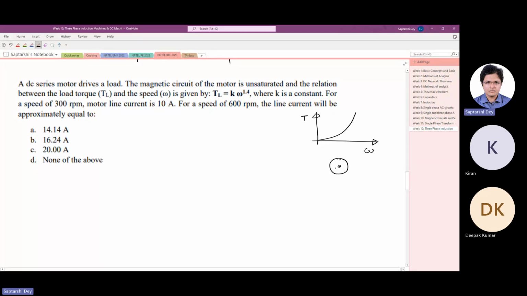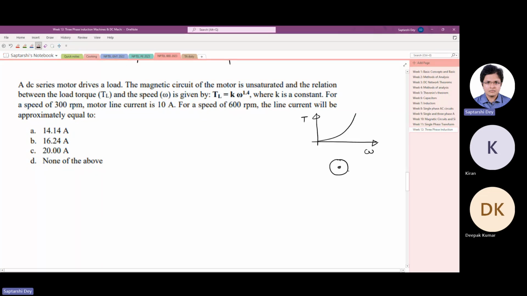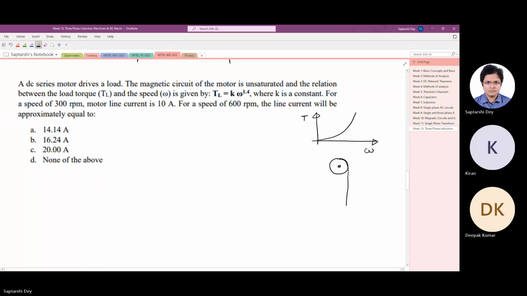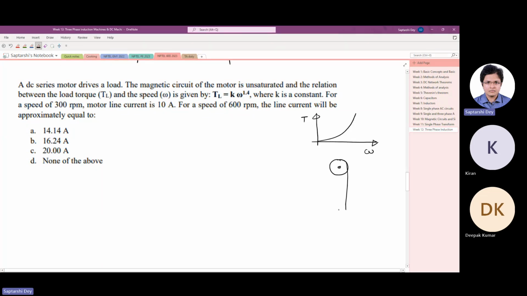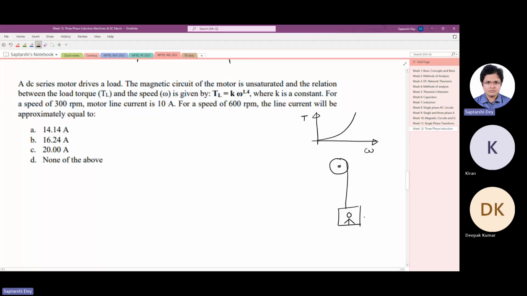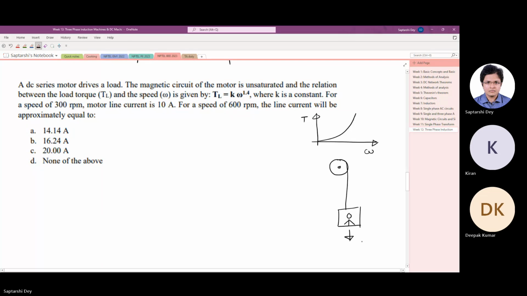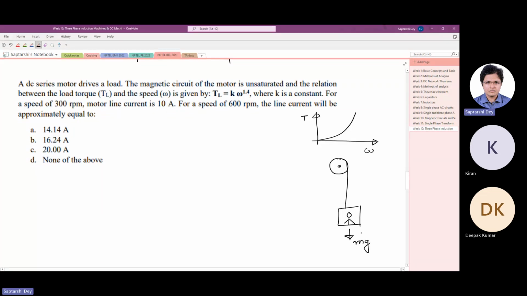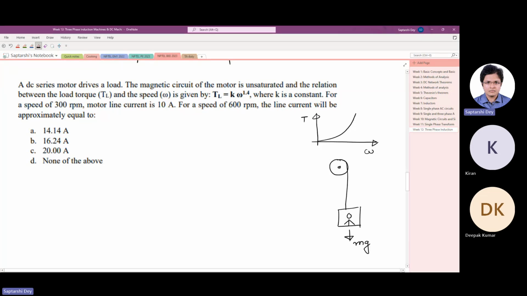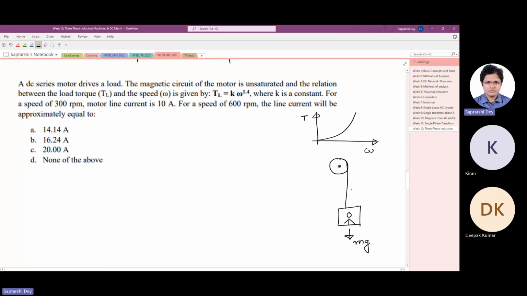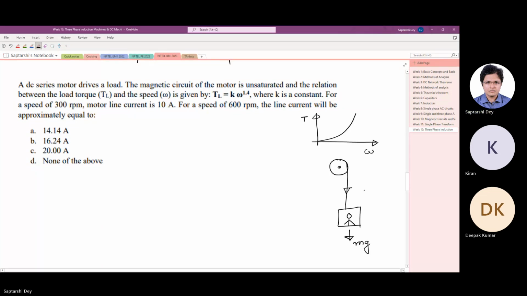There is a pulley being driven by a motor, and there is a string, and this is the lift. This lift has a total mass of m, considering the passenger and the vehicle. So the tension on this string is mg.